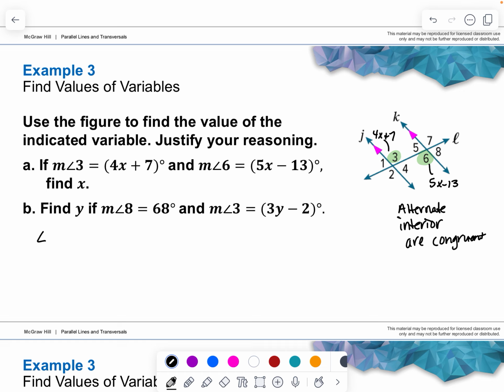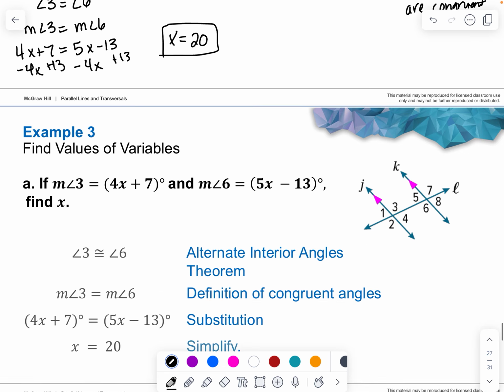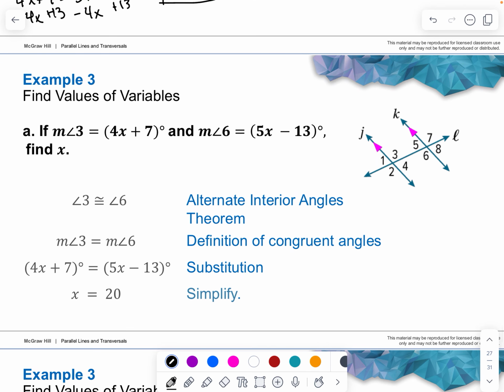That means that angle 3 is congruent to angle 6, which means that the measure of angle 3 is equal to the measure of angle 6. So that means I can set them equal. 4x plus 7 equals 5x minus 13. So I can solve. I'm going to subtract my 4x and add my 13. So x is going to equal 20. There it is, x equals 20. Good.